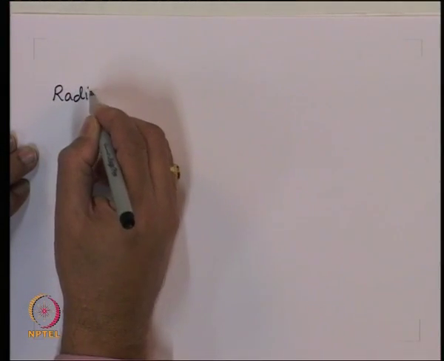Now let us come back to our original argument, that if I consider an optical carrier, then the spectral width of the carrier is very large. So now I have two situations. At radio frequency, if I draw the spectrum of the carrier and the modulating signal, so this is the radio system.